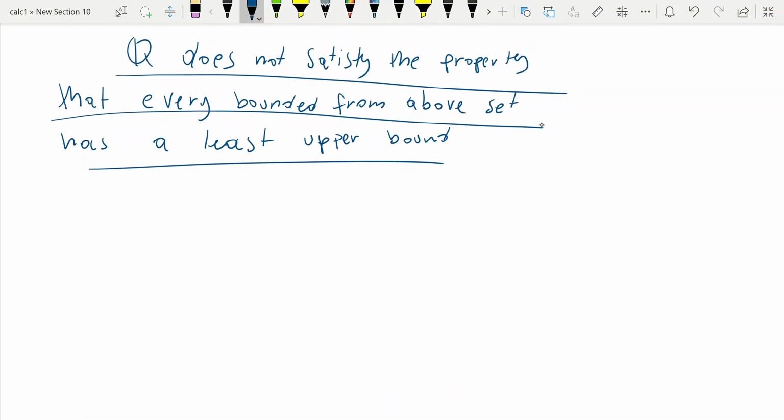Okay, so let's look at the set. Let's define the set A to be equal to the set of rational numbers, so all the r's in Q such that r squared is less than 2.